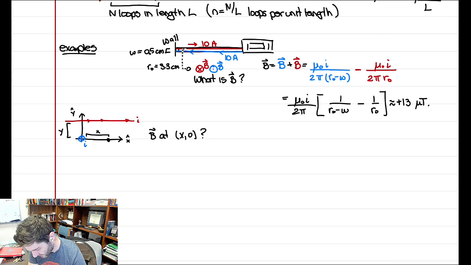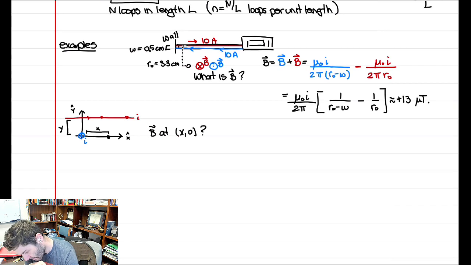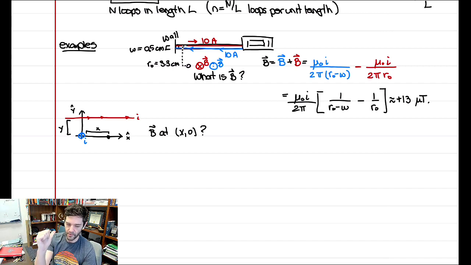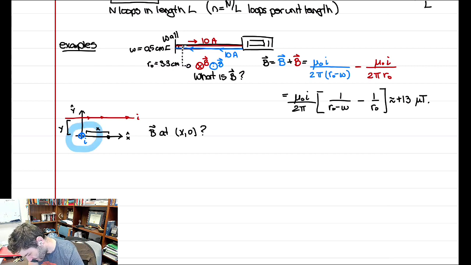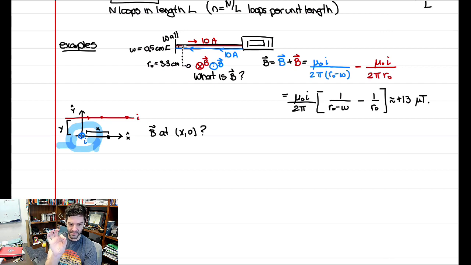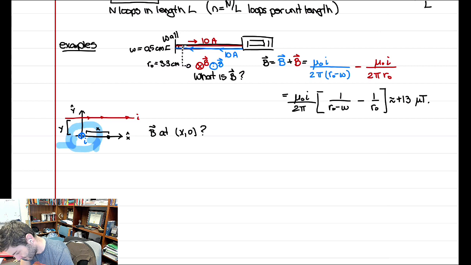Let's look at the blue wire first. The blue wire, again by the right-hand rule, thumb points in the direction of the current, and in this case the magnetic field is going to loop around in a clockwise direction. So at the particular point x comma 0, I expect it to be pointing straight up. So I could write that down.